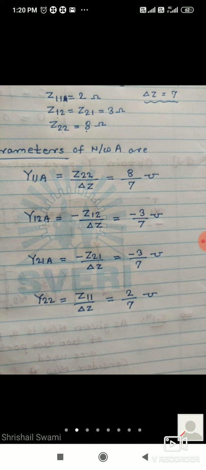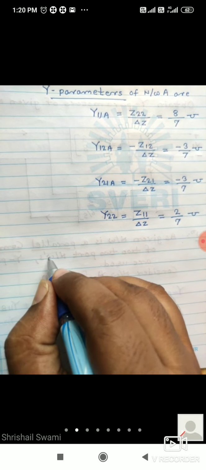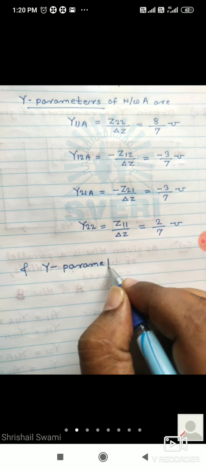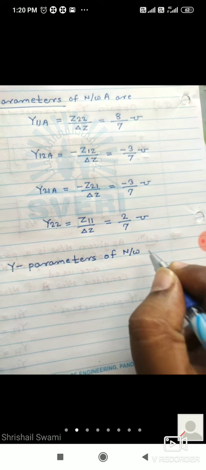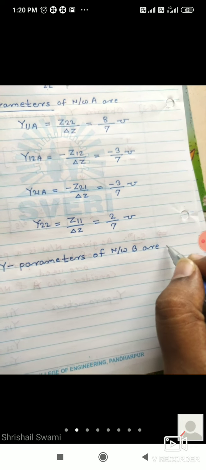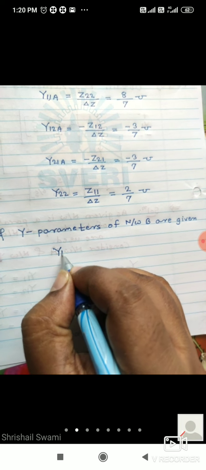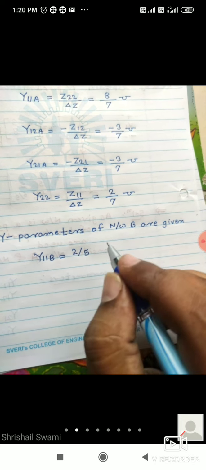So these are the Y parameters of network A, and the Y parameters of network B are already given. So you can write Y11 of B is equal to 2.5 mho.